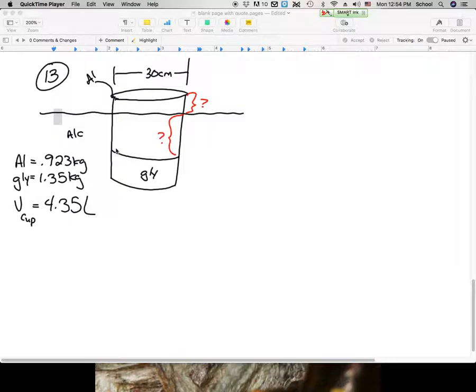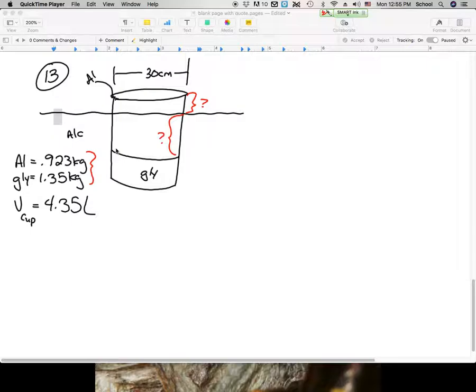So it is going to sink until it hits equilibrium. So what's pushing down? The weight of the aluminum and glycerin. Yeah, the weight of these two. And again, we can cancel g out, so the mass of alcohol displaced will equal the mass of the two things that are pushing down, which would be the aluminum and the glycerin.